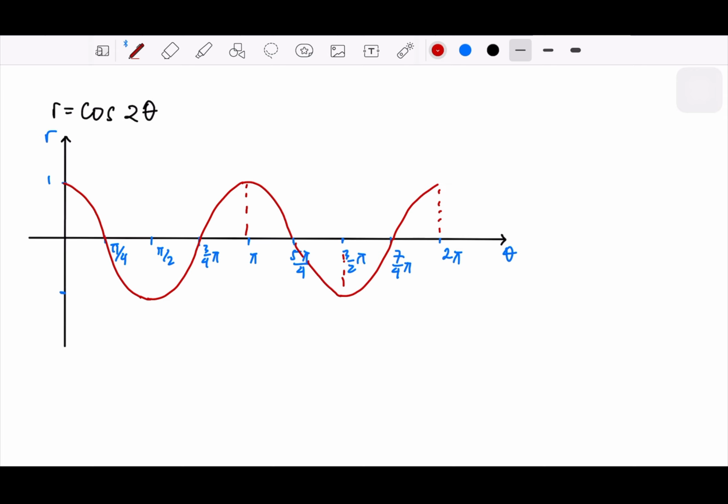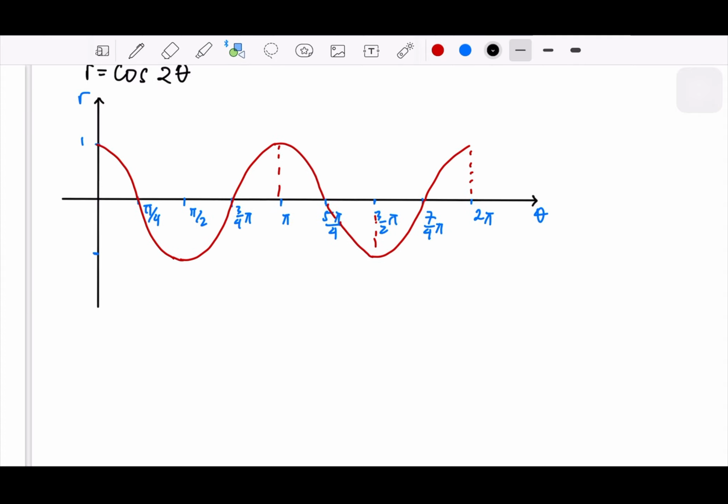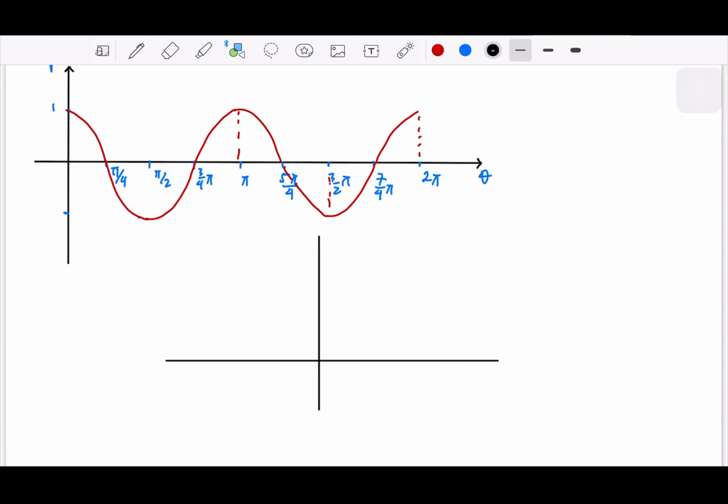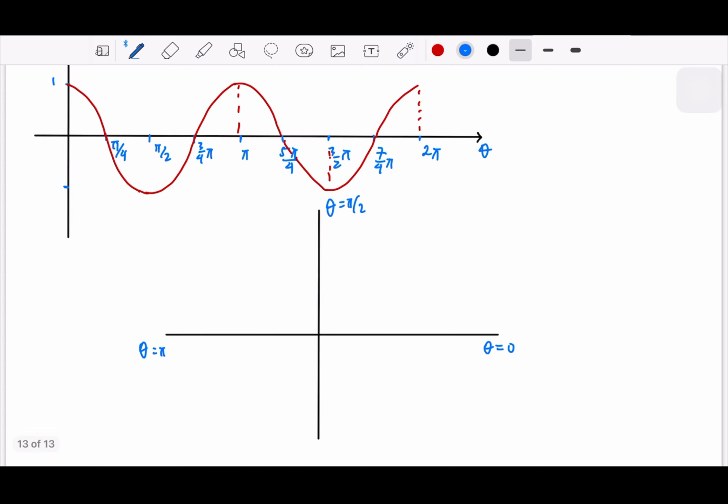Okay, based on the values and the theta, we try to graph this into our polar coordinates. So first, maybe draw the axes like that. And then state that this will be theta equals 0. This is theta equals pi over 2. This is theta equals pi. And this is theta equals 3 over 2 pi.